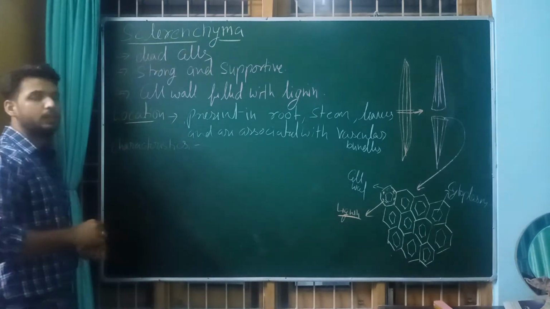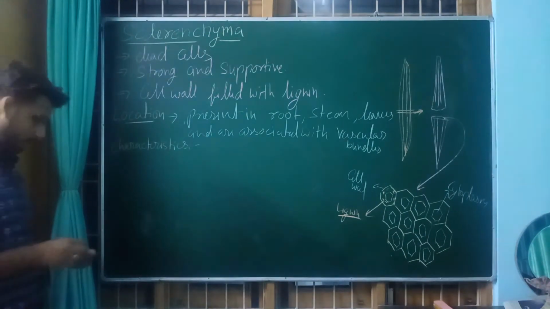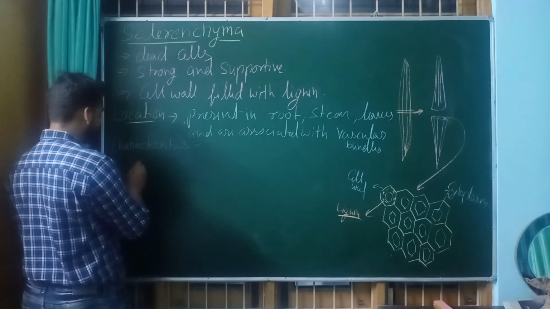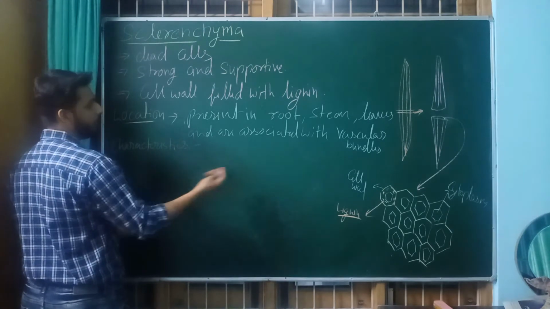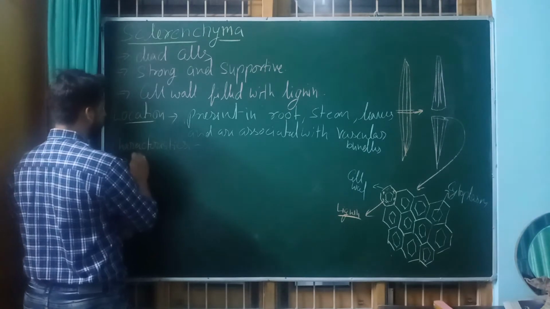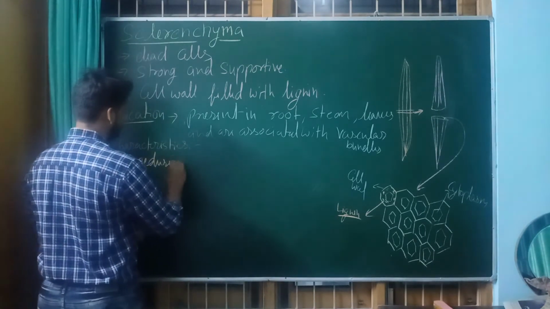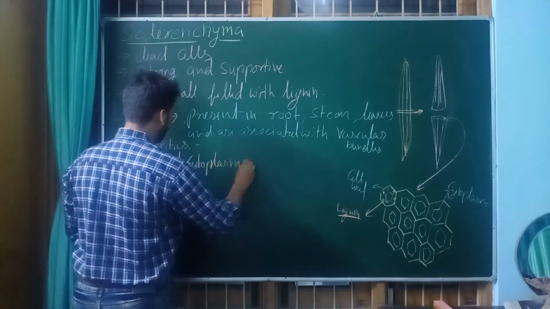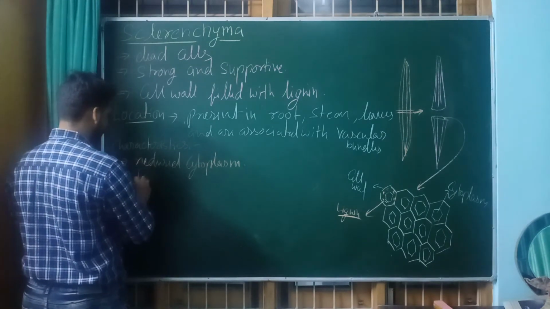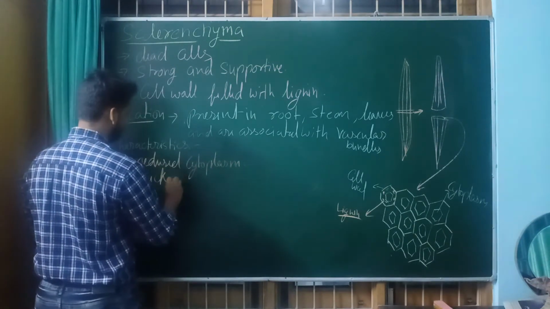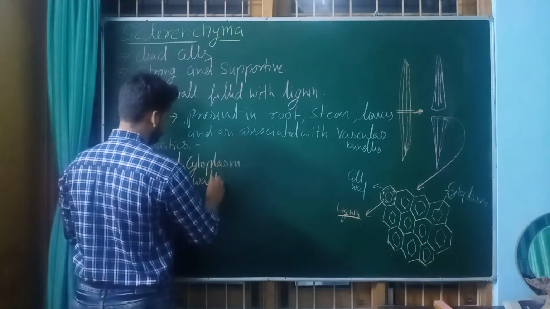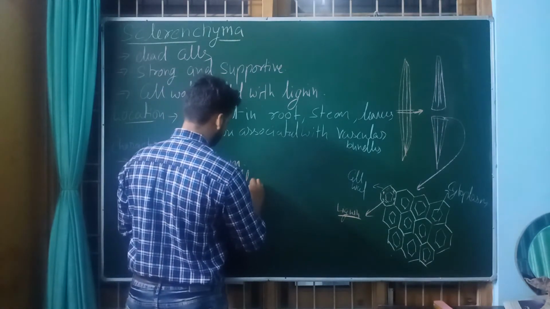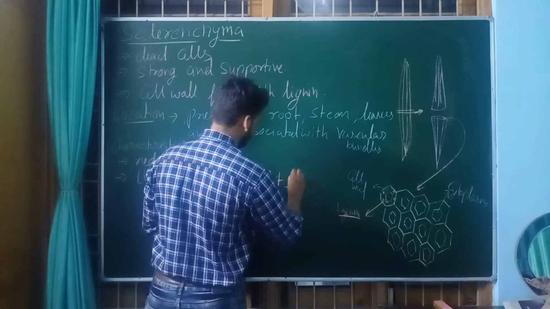As we know, the cytoplasm is reduced and the cell wall is thick. So we can write: reduced cytoplasm, thick cell wall filled with lignin.